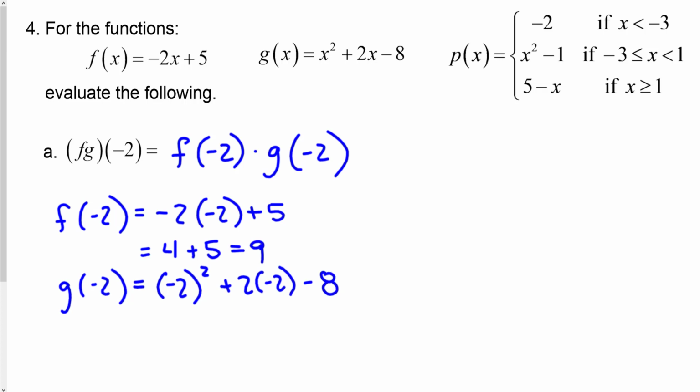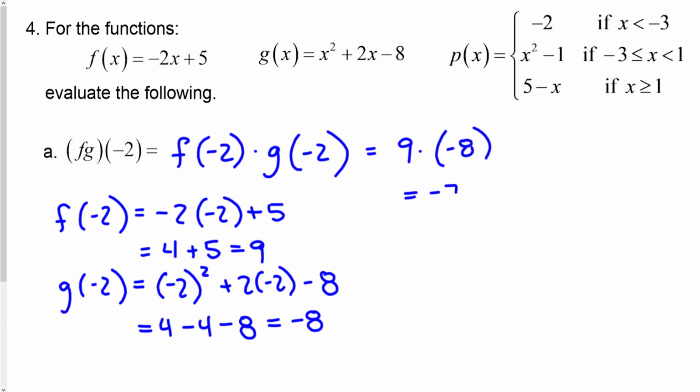So negative 2 quantity squared is positive 4. 2 times negative 2 is minus 4. And minus 8. So 4 minus 4 is 0. Minus 8 is negative 8. So this is the same as 9 times negative 8, which is negative 72.